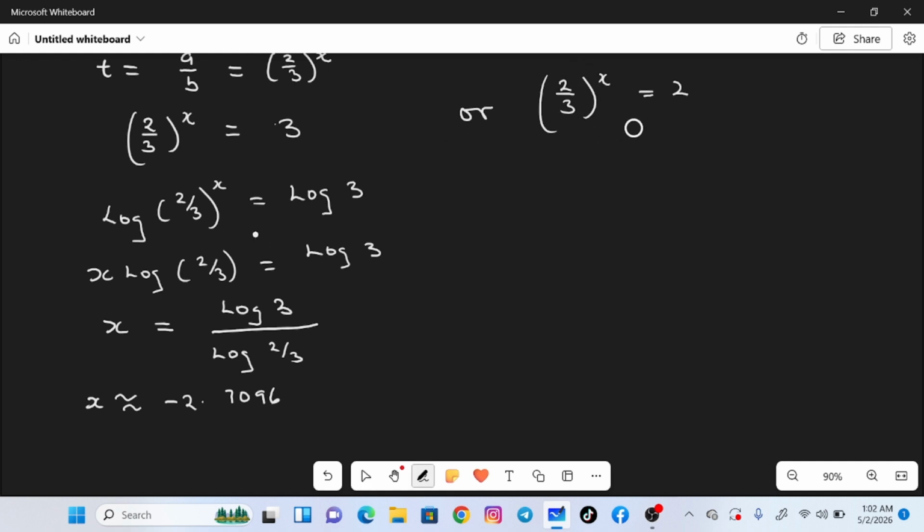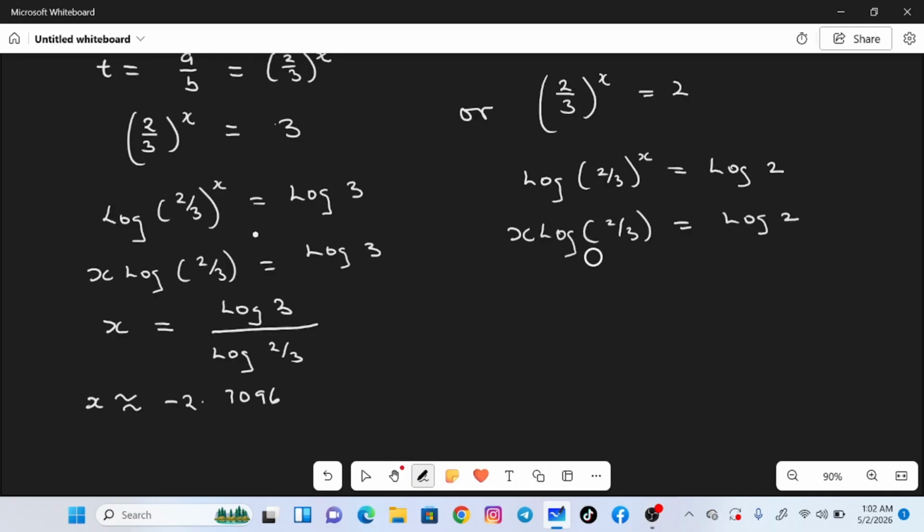So let us solve the second one. Take log of both sides. Log of 2/3 raised to power x equal to log 2. So x log 2/3 equal to log 2. Divide both sides by log 2/3.